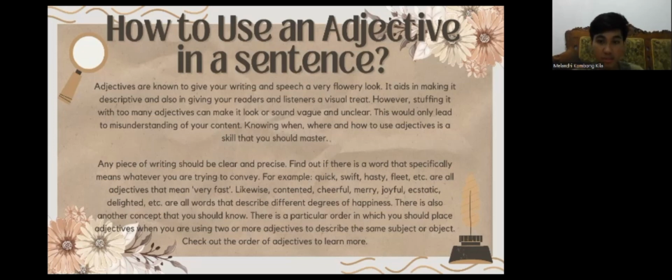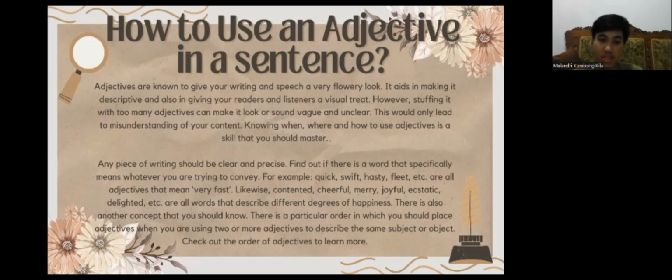Find out if there is a word that specifically means whatever you are trying to convey. For example, quick, swift, hasty, late, etc. are all adjectives that mean very fast. Likewise, contented, cheerful, merry, joyful, ecstatic, delighted are all words that describe different degrees of happiness.